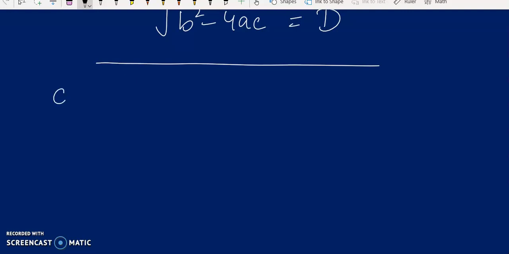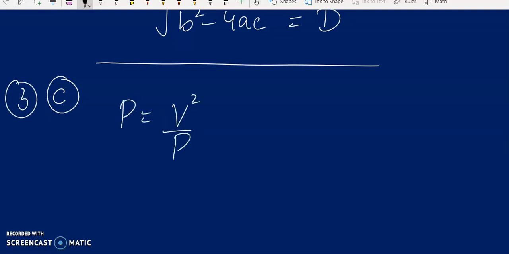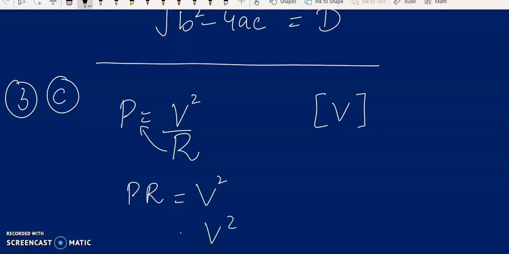Now we have C part of question number 3. P is equal to V square over R and we have to make V the subject of the formula. So first of all R goes to the other side and is multiplied. क्योंकि ये यहाँ पर divide हो रहा है, on the other side it will be multiplied. Now we take square root on both sides.